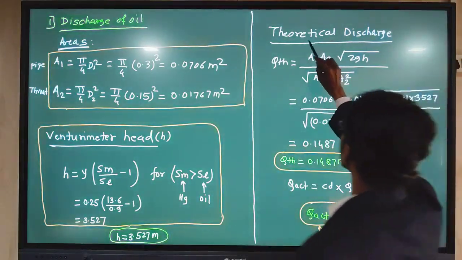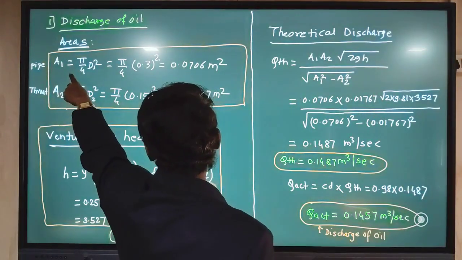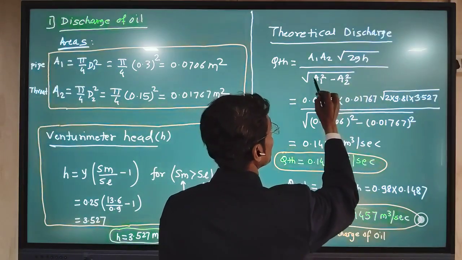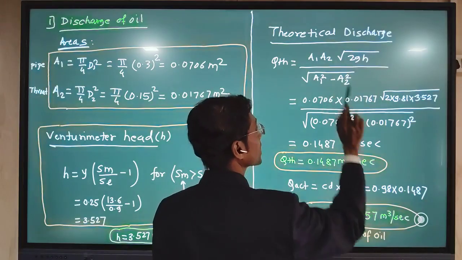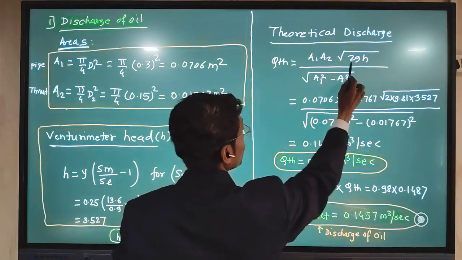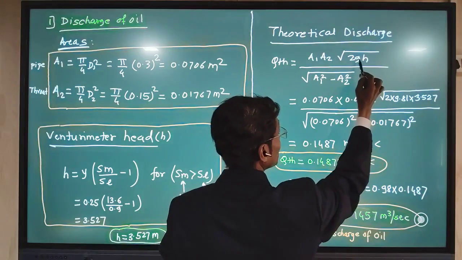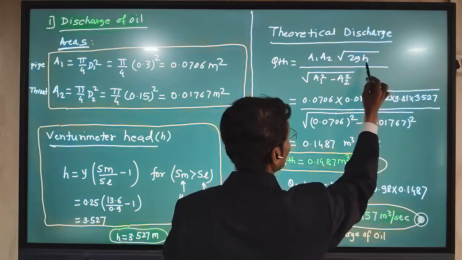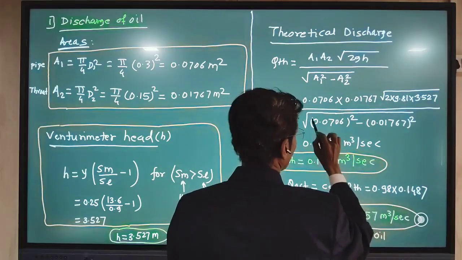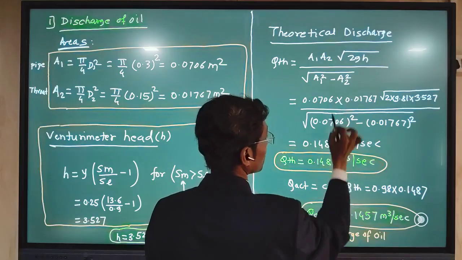Then we use the theoretical discharge formula. QTH is equal to A1 into A2, the pipe area and throat area, into the square root of 2GH, divided by the square root of A1 square minus A2 square. Putting the values of the areas A1, A2, and inside the square root 2 multiplied by the acceleration due to gravity G, 9.81, and the calculated value of the Venturimeter head in meters. In the denominator, putting the area values as per the formula.